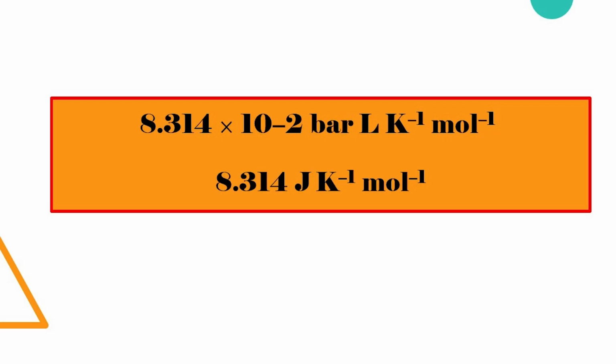So substitute the values in the equation, you will get the value of R. First value of R is 8.314 Pascal meter cubed Kelvin minus 1 mole minus 1. Another value is 8.314 into 10 raised to minus 2 bar liter Kelvin minus 1 mole minus 1. Another value is 8.314 joule Kelvin minus 1 mole minus 1.